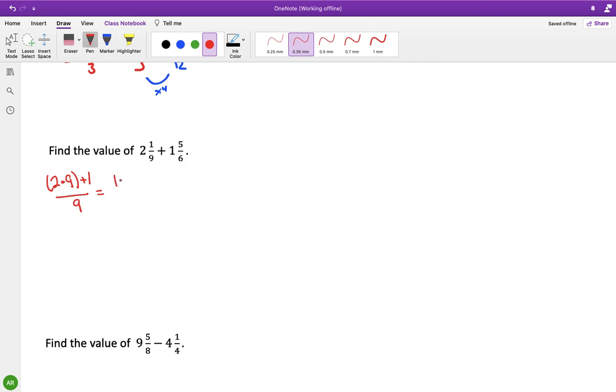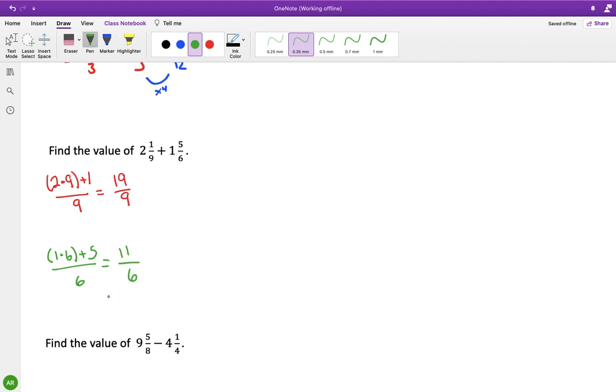So I have 19 ninths. Okay, let's do the same thing with 1 5/6. So that'd be 1 times 6 plus 5 divided by 6 equals 1 times 6 is 6 plus 5 is 11.